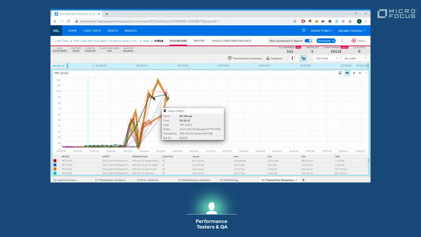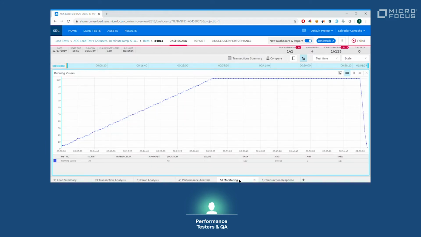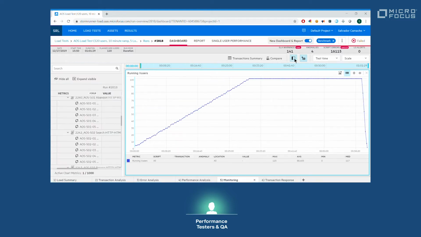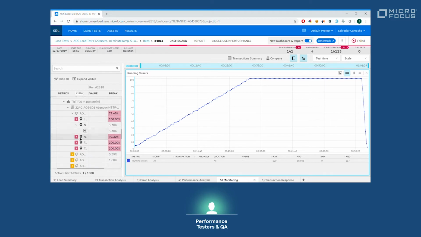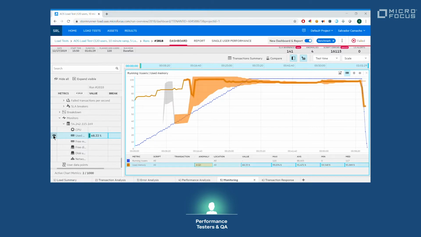Then this is very good information. We know that there is a bottleneck, but where is the bottleneck? Well, we know that it affects response times, but if we have monitoring, we're going to be able to determine where the bottleneck is. In this case, I have the monitoring of the backend servers. And let's add used memory and see LoadRunner Cloud here detected an anomaly, around 13 minutes into the test.